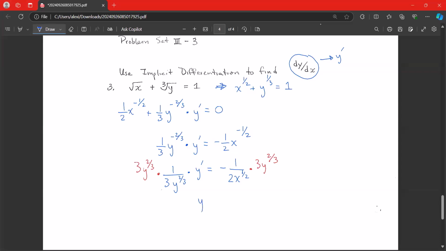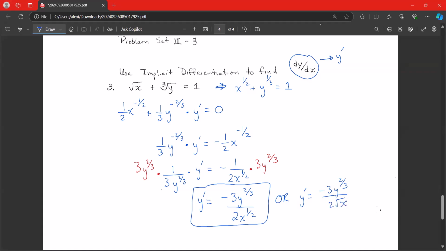And we'll end up with y prime equals negative 3y to the 2/3 divided by 2x to the half power. Of course, if you want, you can put your x inside a square root symbol. So we can also write it as y prime equals negative 3y to the 2/3 over 2 times the square root of x.